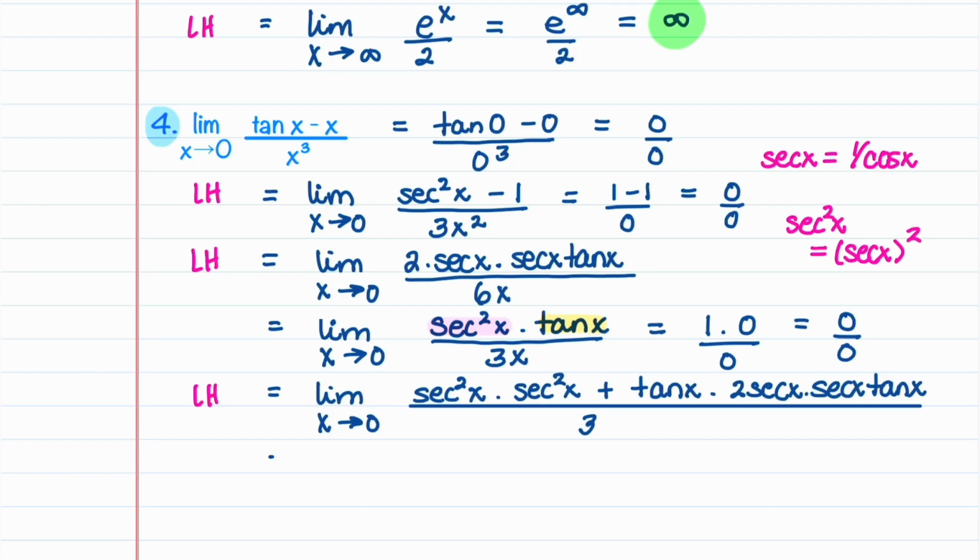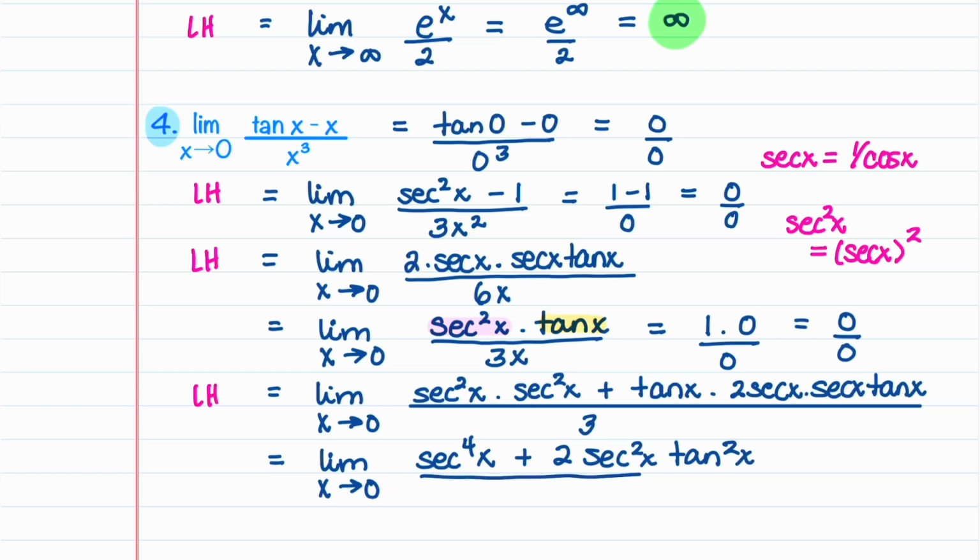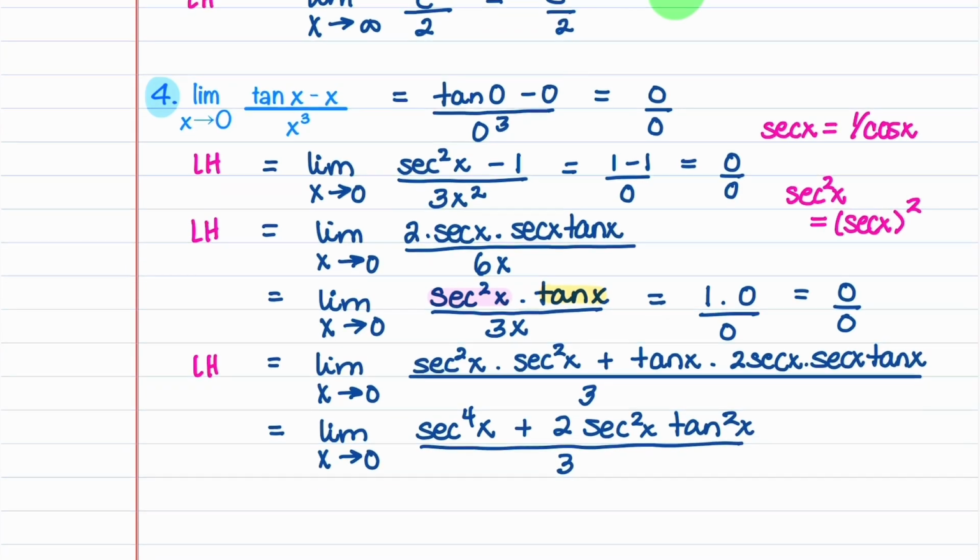Now let's go ahead, before we substitute in that x is 0, and simplify this. This is the limit as x goes to 0 of secant to the 4th x plus 2 secant squared x tangent squared x, all divided by 3.